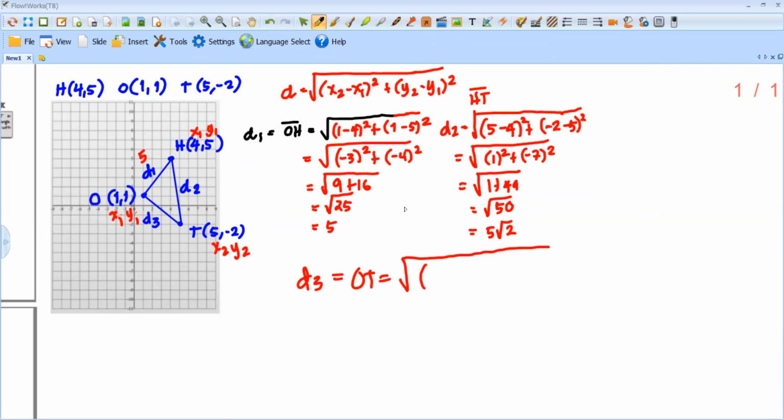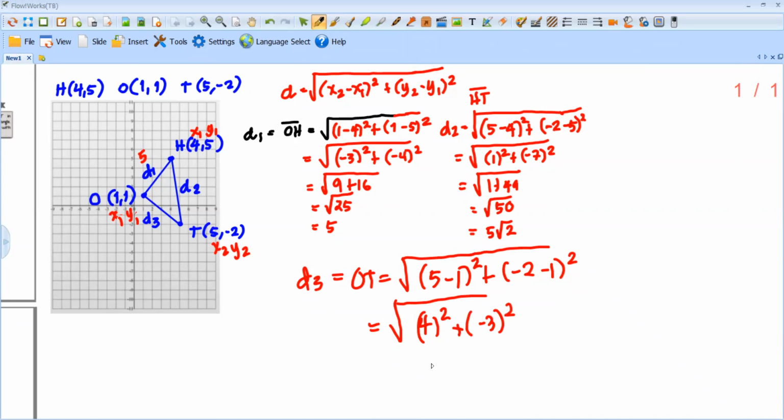Let's have x sub 2, which is 5, minus x sub 1, which is 1, squared, and y sub 2 is negative 2 minus 1 squared. So therefore, we have 4 squared plus negative 3 squared, which will be equal to 16 plus 9. And 16 plus 9 is the square root of 25, which is equal to 5.